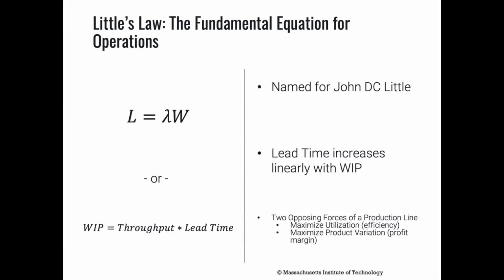And what it says is the lead time, which here is represented by W, increases linearly with the amount of work in process. The reason why this is so dangerous is most companies tend to build up a lot of work in process to serve the customer quickly. And what's not realized is in the short term, that actually helps you serve your customer.